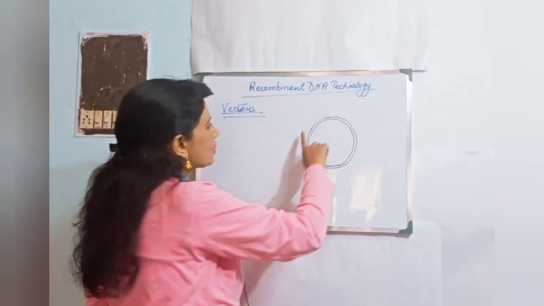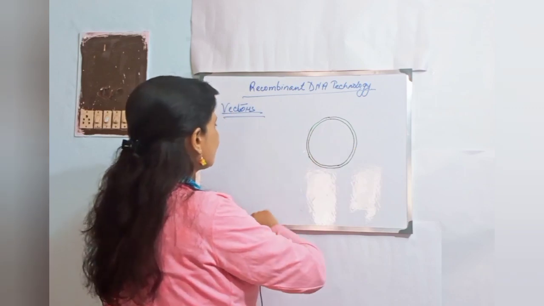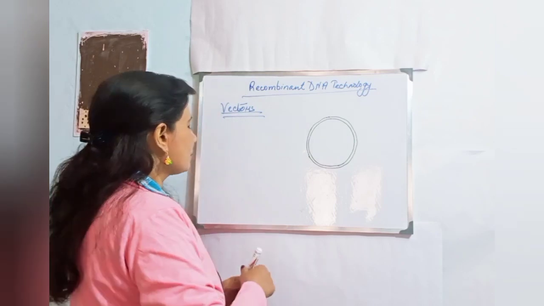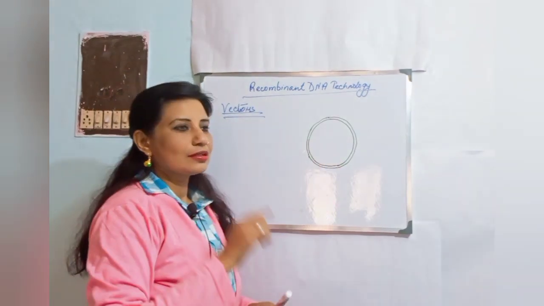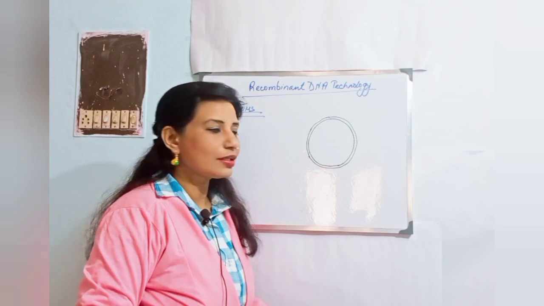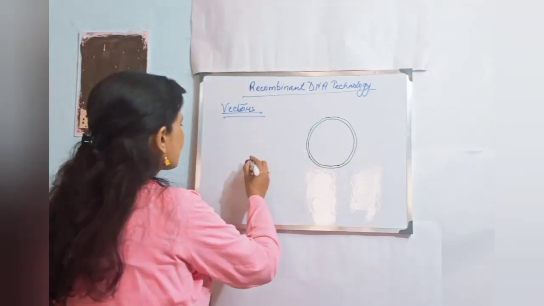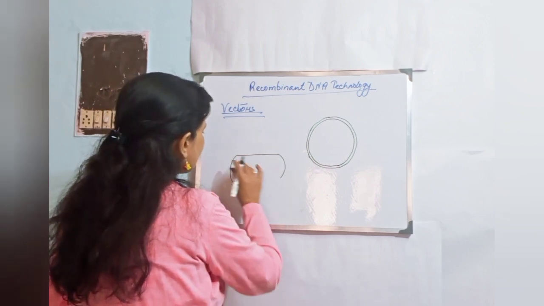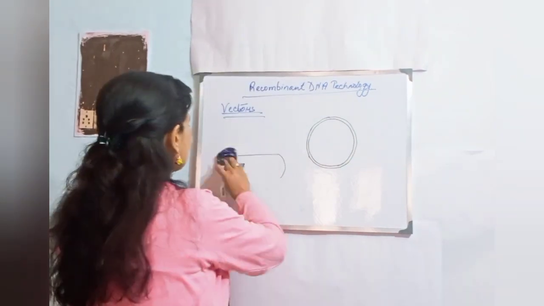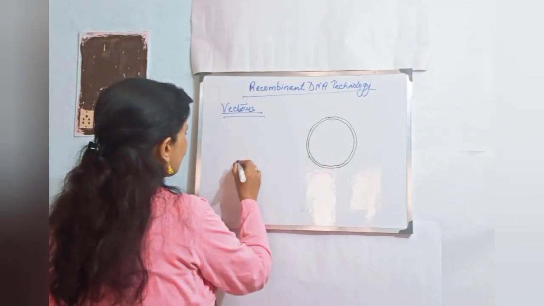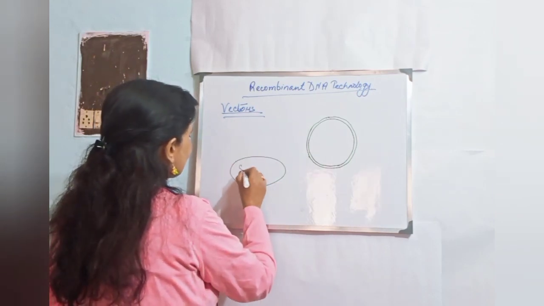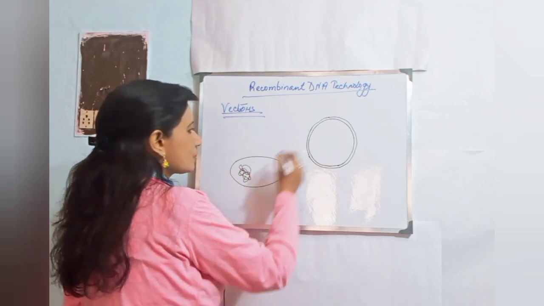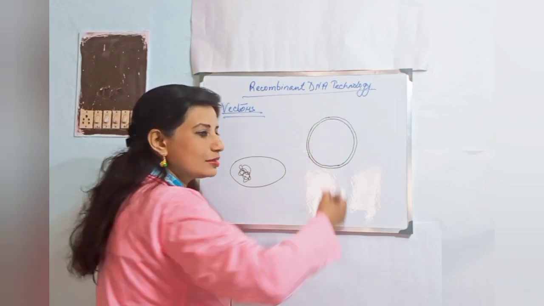The plasmid I have drawn is circular and double-stranded, and this is going to act as a vector for us. Why? Because it is going to carry that target gene and it will be delivered to a cell, say a bacterial cell. This is the bacterial cell, I forgot to make it elliptical, and here I will be introducing this vector, which will carry my targeted gene.